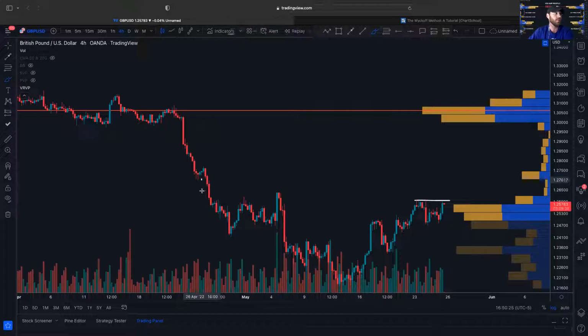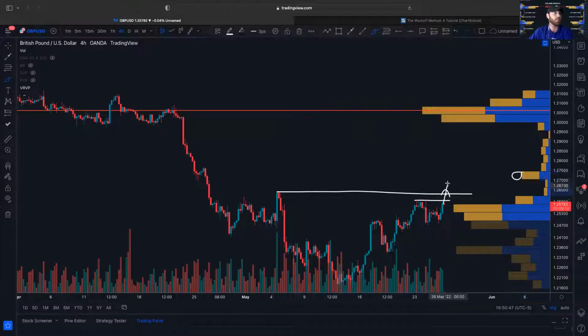And you can see in the past, it broke through that area pretty quickly because there were no orders. The next orders came in right here. So if it goes through here and breaks through and closes nicely, it's most likely going straight to here.